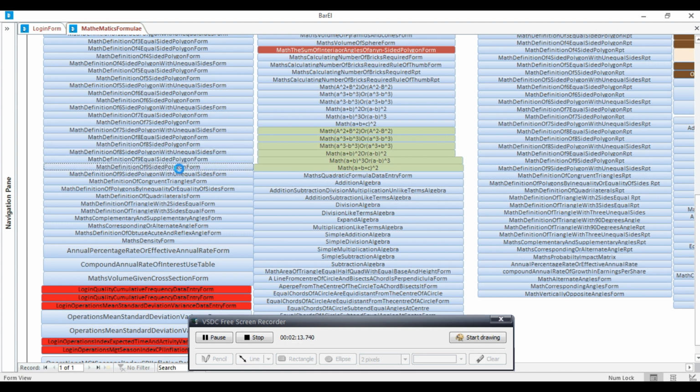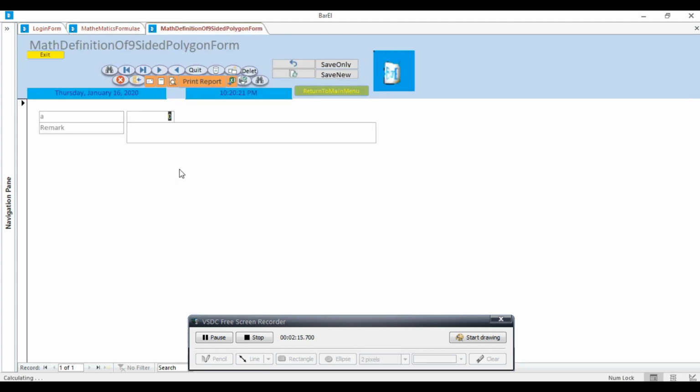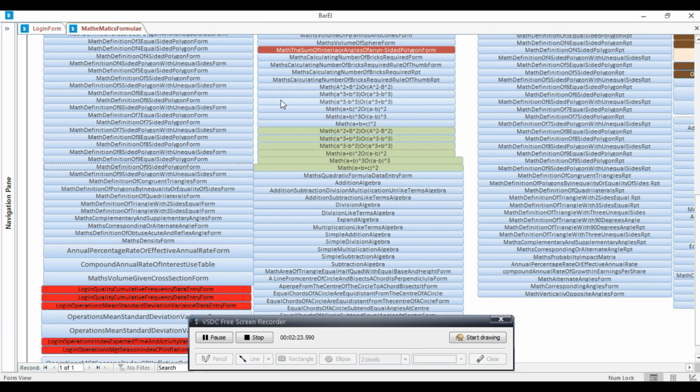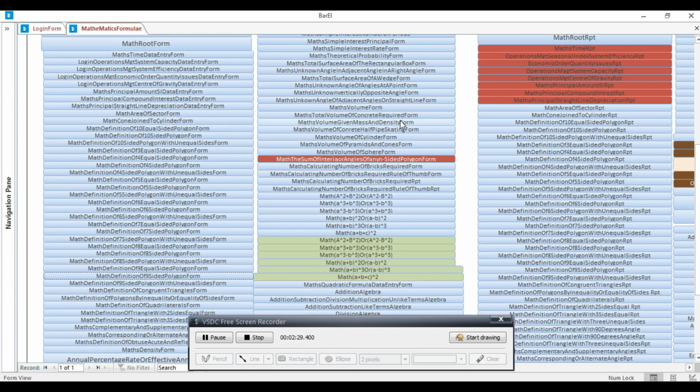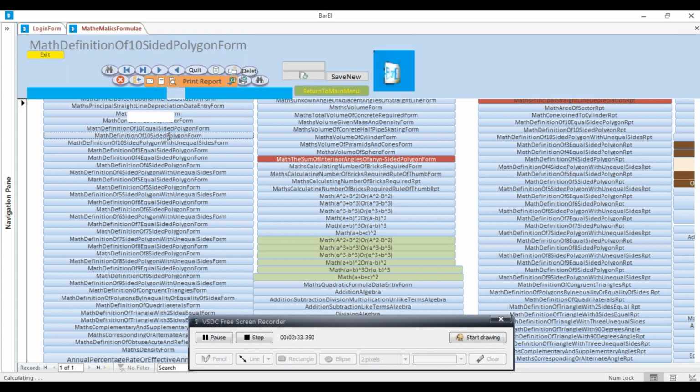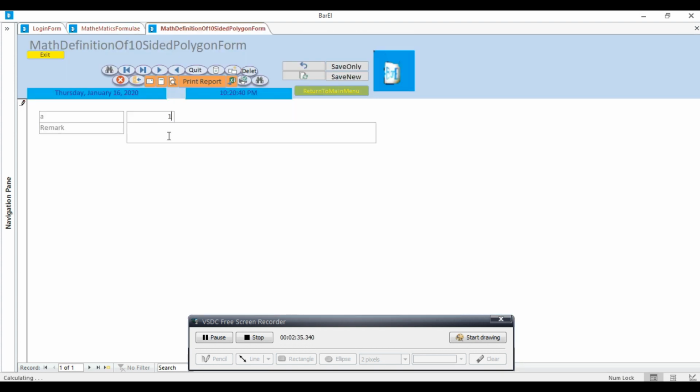A nine-sided polygon. It's a nonagon. Ten-sided polygon. It's a decagon.